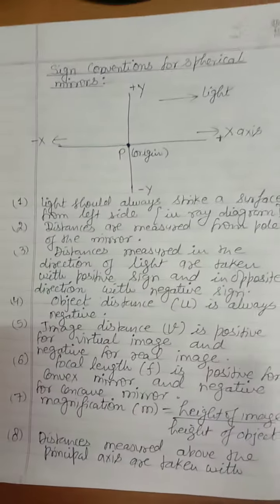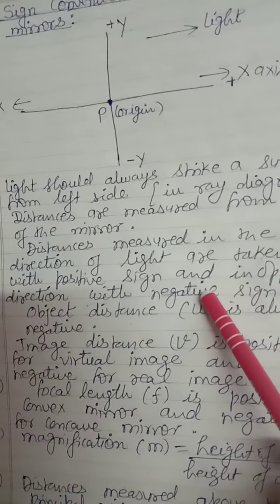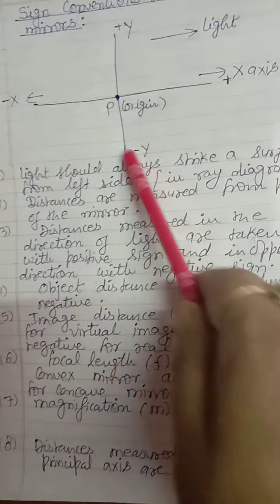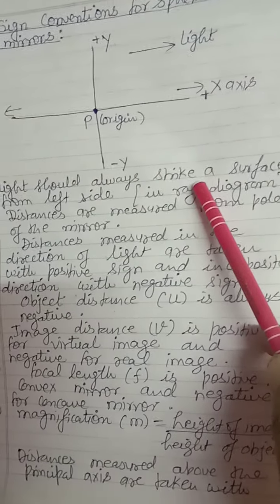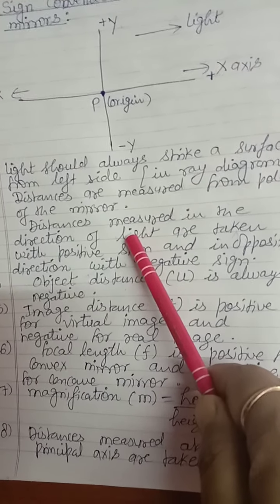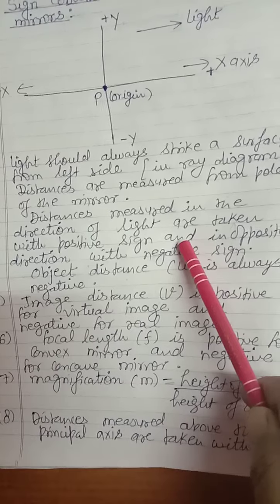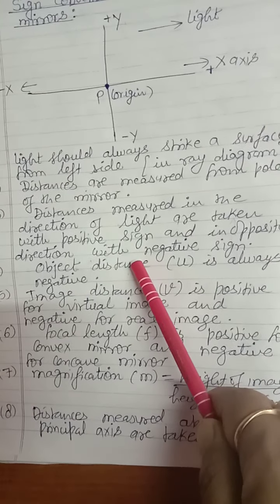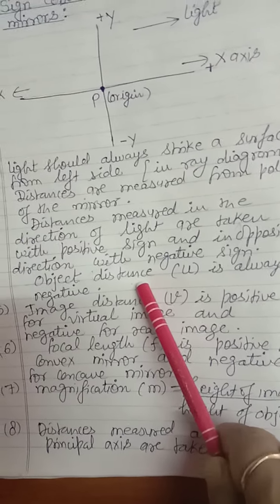That's why the distance of the object is always negative, and for that we take the symbol small u. So the points so far: light should strike the surface from the left side, distances are measured from the pole, distances measured in the direction of light, the positive x-axis, are positive, and in the opposite direction negative. Next, object distance u is always negative.